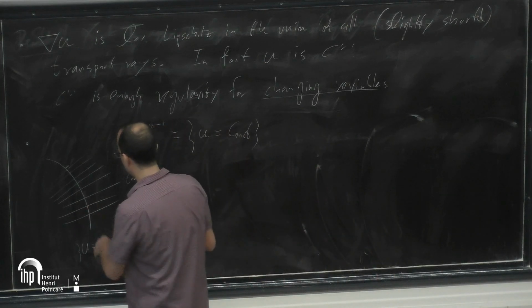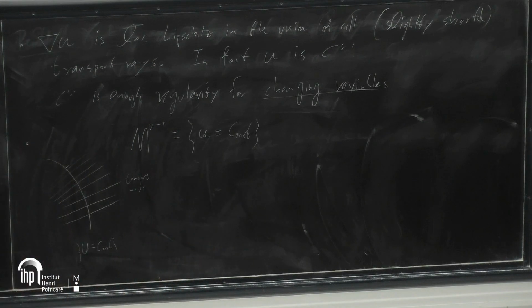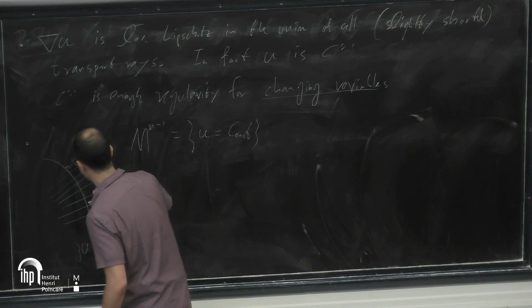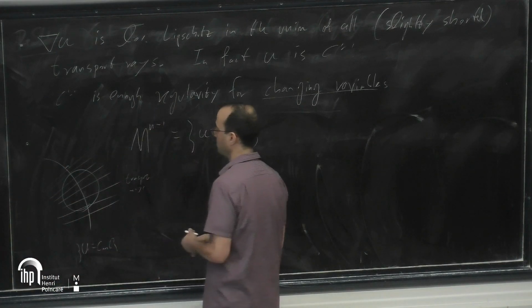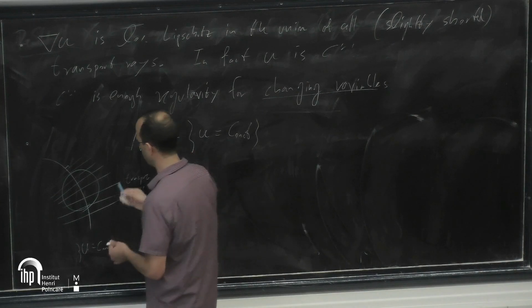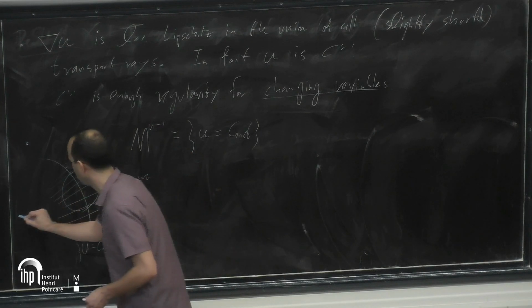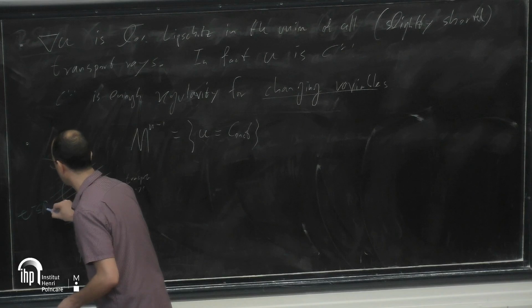Now I want to take a piece of this manifold and parameterize it. So let's take some open set, some open neighborhood U, which catches some transport lines.